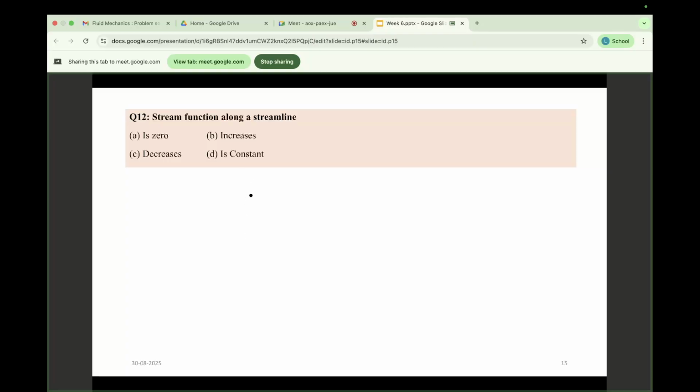So if a stream function psi is given, how will you find the velocity components? Suppose for a potential function, if you differentiate it with respect to x, you will get u, and with respect to y, you will get v.